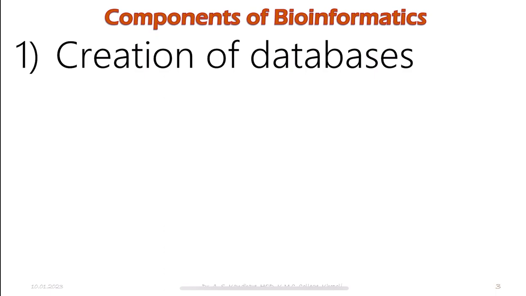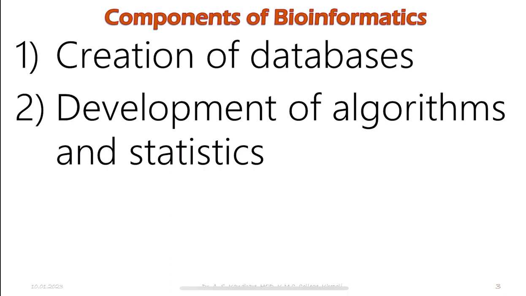All over the world, the scientists are contributing to this database. Development of algorithms and statistics is another aspect and component of bioinformatics. तो यहाँ पे algorithms डेवलप किए जाते हैं और स्टैटिस्टिक्स के माध्यम से बायोइन्फॉर्मेटिक्स में जो भी डेटा आता है उसका एनालिसिस होता है.